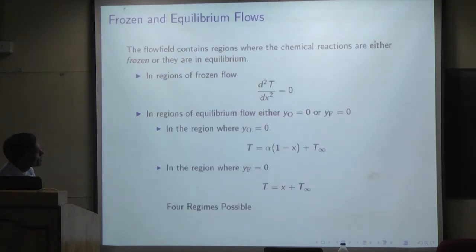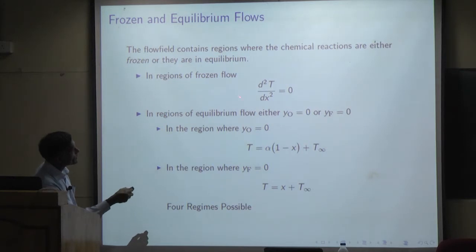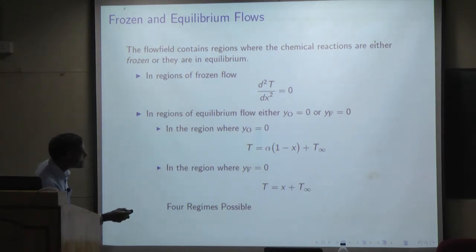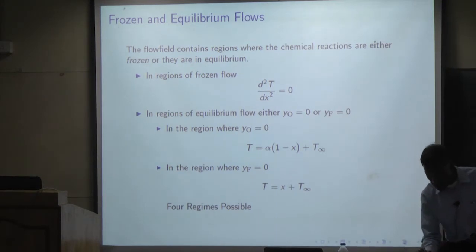So in that region, if the flow field is frozen, then this equation applies. Now, if that region is in equilibrium, equilibrium flow implies that YF YO is 0.